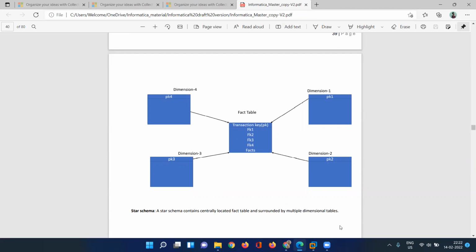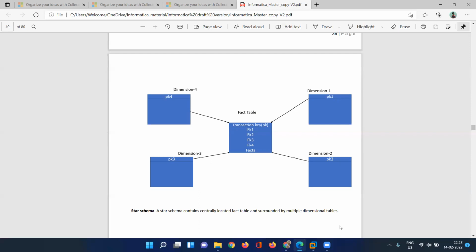Whenever you see this particular image, the fact table is located centrally and all dimension tables are connected directly to the fact table. The diagram looks like a star. That is the reason this is called the star schema.